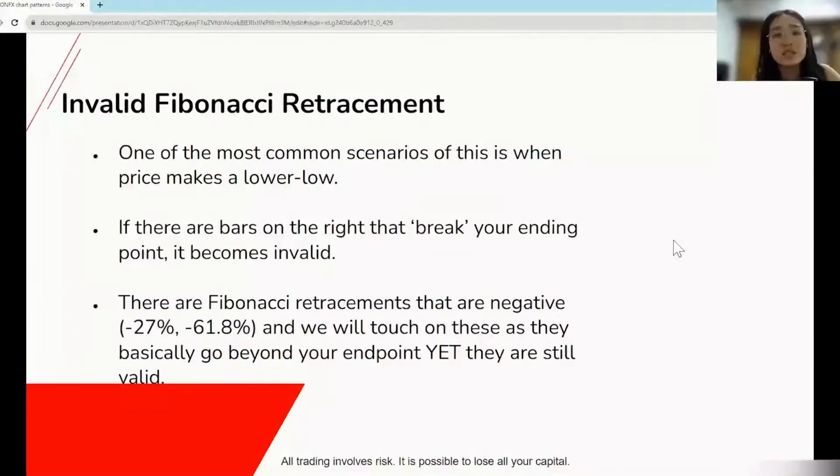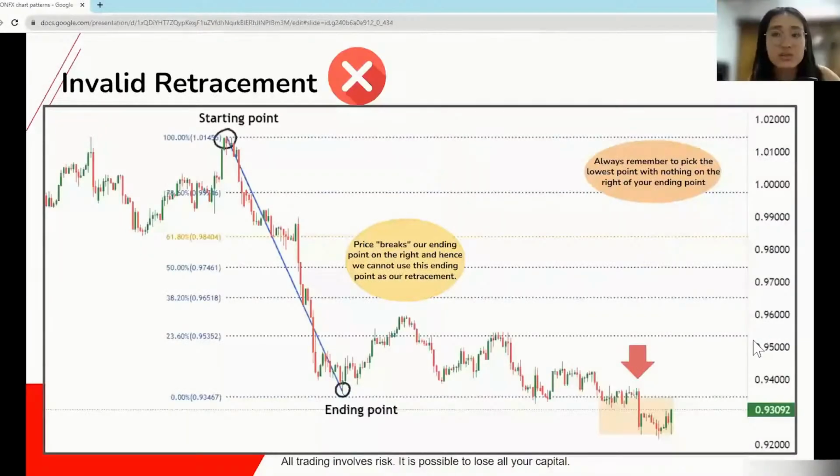So an invalid Fibonacci retracement occurs when price makes a lower low. Okay, so if there are bars on the right that break your ending point, it becomes invalid. So I'll show you guys what I mean. So this is what we mean. Bars on the right that break out of this lowest point.